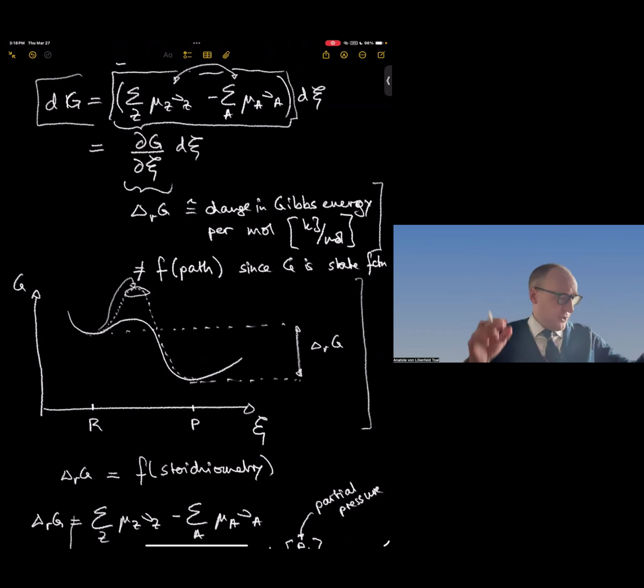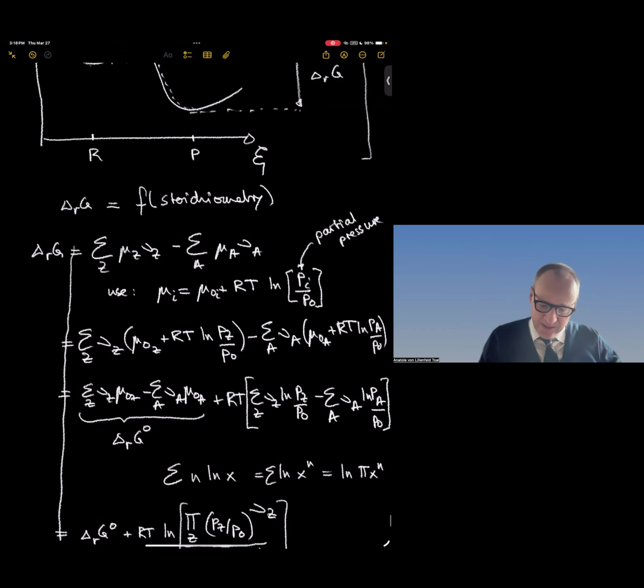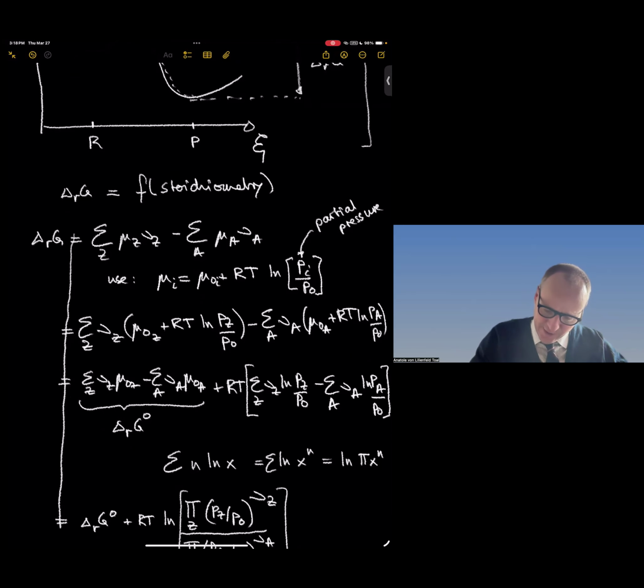If the barriers are not too high, this is what totally governs what you would see.